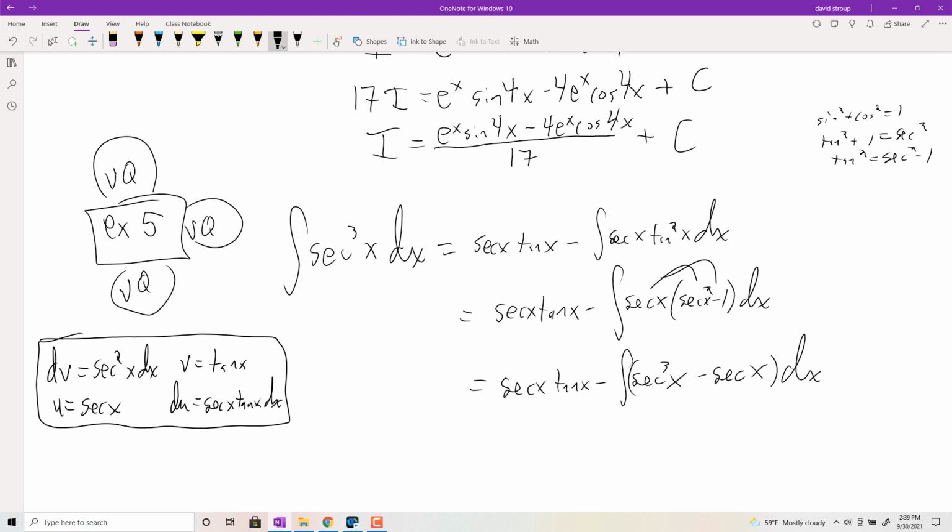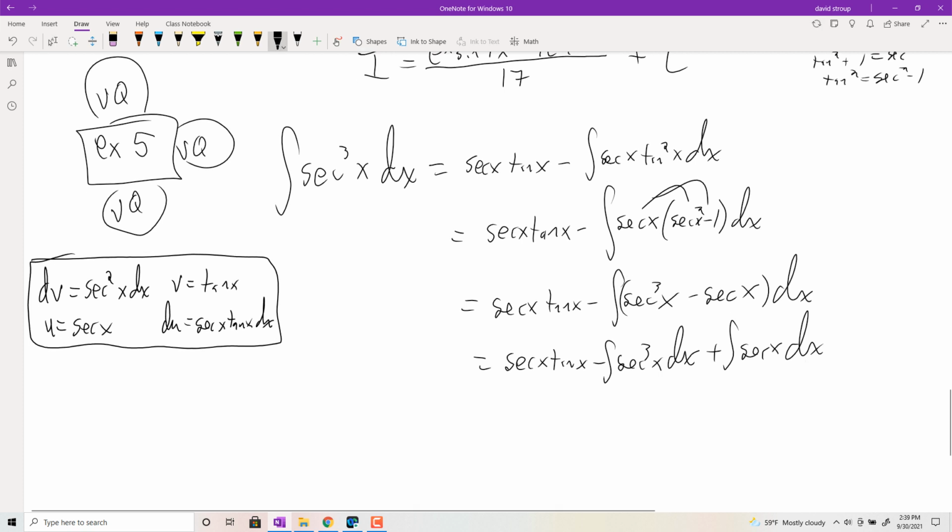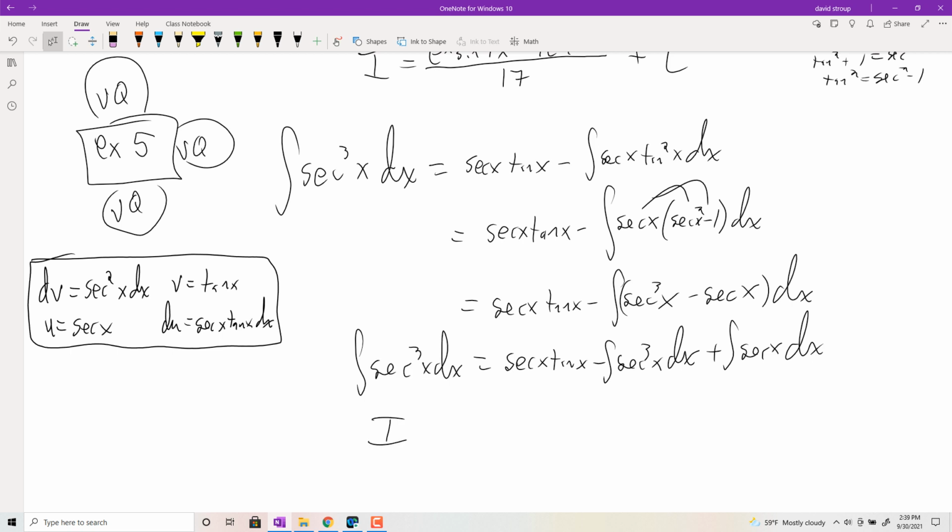And what you notice probably is that this is a looper. Okay, so we write it secant x tan x minus the integral of secant cubed x dx plus the integral of secant x dx. And so there's basically a secant cubed on both sides, right? So we replace the secant cubed with some variable.